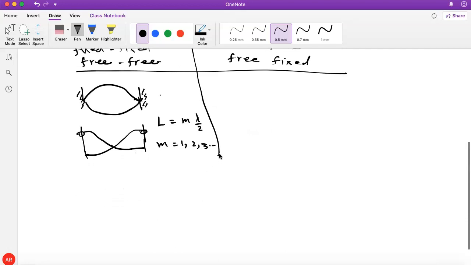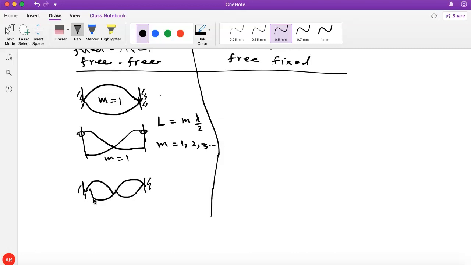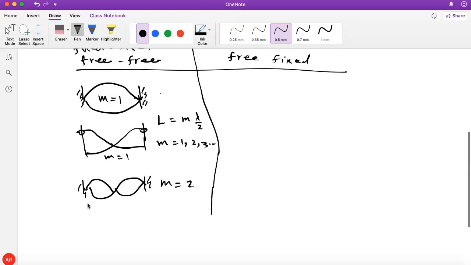I can draw the next one. These are for m equal 1. If I draw the next one for m equal 2, I fit 2 lambda over 2's inside my string. So that's m equal 2 here.